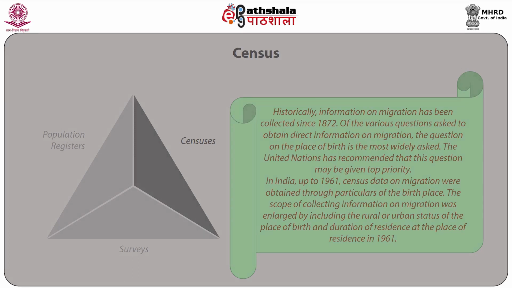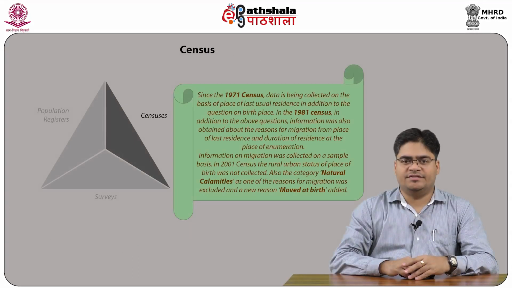Since the 1971 census, data is being collected on the basis of place of last usual residence in addition to the question on birthplace. In the 1981 census, in addition to the above question, information was also obtained about the reasons for migration from place of last residence and duration of residence at the place of enumeration.